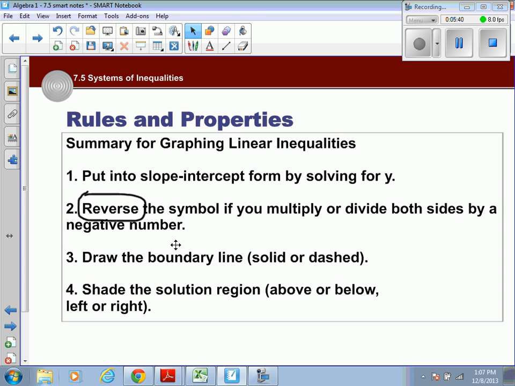Once we have it in slope-intercept form, then we want to draw the boundary line, again solid or dashed. And then we would shade above or below or left or right, depending on the type of inequality we have.